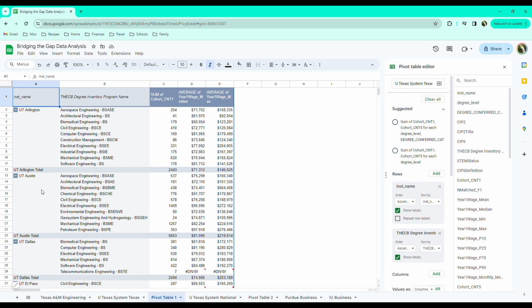So if I'm just looking at UT Austin, I look at all the different types of engineering they have. They're pretty big numbers for how many students graduate, and then the average of the median. So this is the number that we've been looking at with a lot of other schools, about $81,000 for new grads.